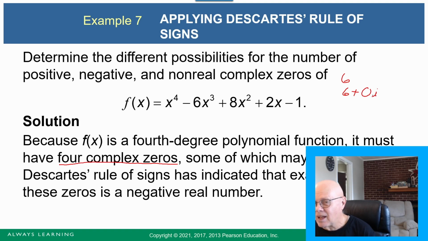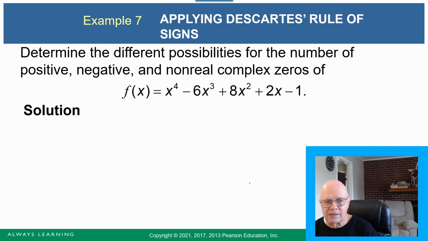So yes, even 6 is a complex number, but a simple complex number, I guess you could say. So we've got 4 zeros, and according to Descartes' rule of signs, exactly one of those zeros is a negative real number. We know that.